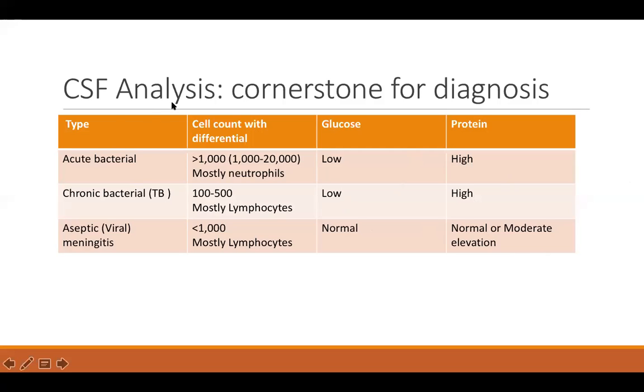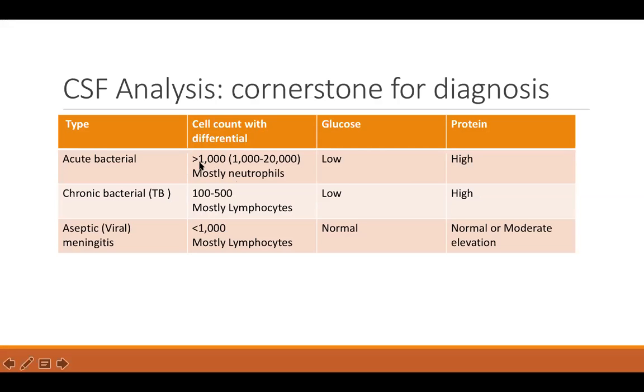Okay, so CSF analysis can guide us to know what is the cause of an infection. In cases of acute bacterial meningitis, the WBC count will be above 1000, definitely. Keep in mind that normal WBCs in normal CSF do not exceed 5.